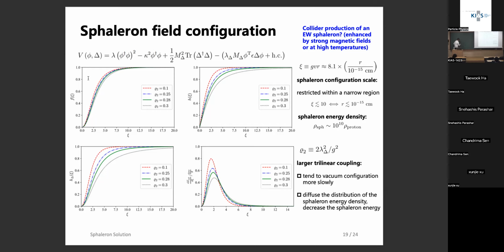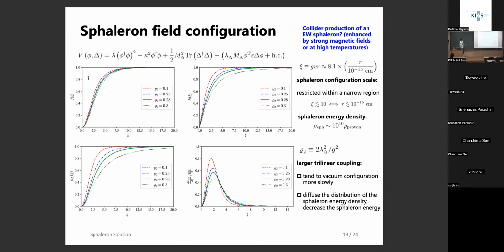So even for the largest LHC proton, the energy density is still 2 orders of magnitude smaller than the energy density of the Sphaleron. So it's still impossible for a high energy collider to produce a Sphaleron configuration.